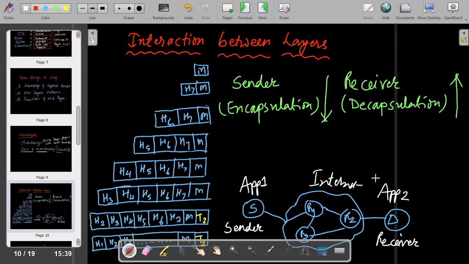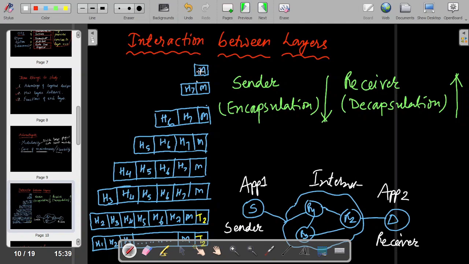I will come to that point at a later time, but right now we consider that application 1 has generated message M and the message is to be delivered to application 2. The second thing is that this entire OSI stack is present in the sender, it is also present in the receiver. In routers, only the last 3 layers are present, that is physical, data link and network.